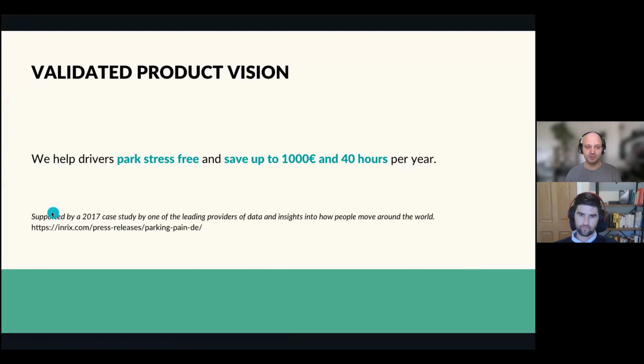This was also supported by a case study from 2017, which I found in my research, that supports this claim.